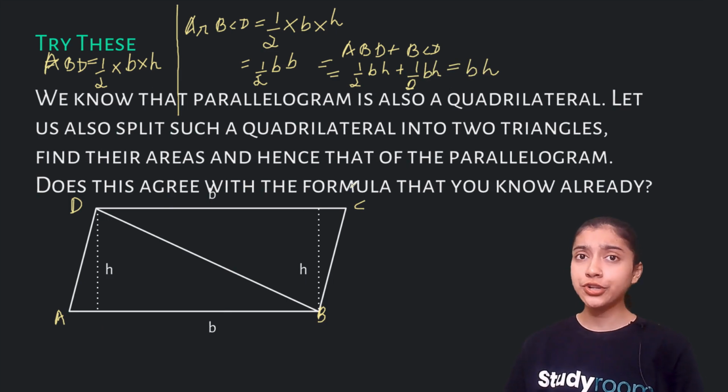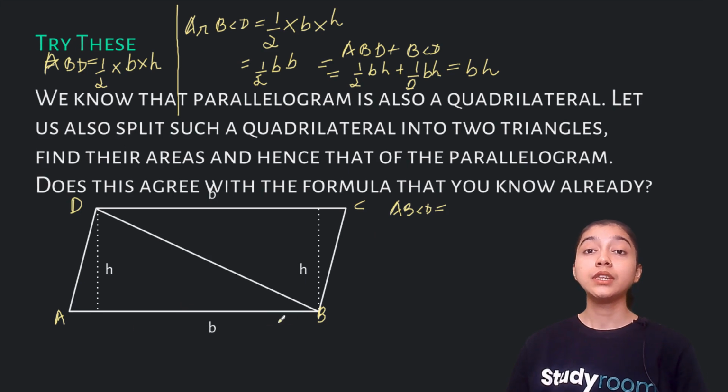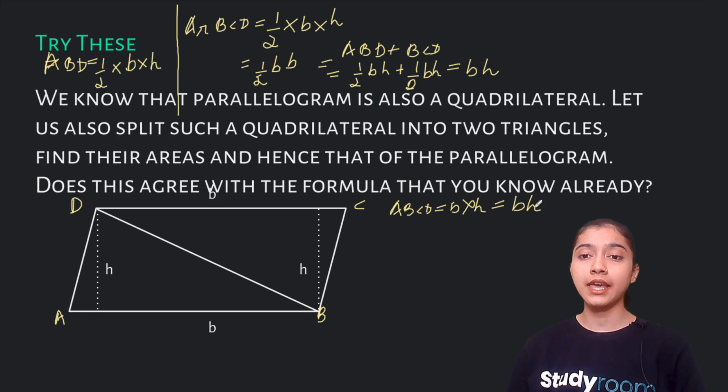Now, I have already taught you the area of the parallelogram. That was base into height. So if we directly calculate the area of this parallelogram ABCD, that will be equal to the base of this parallelogram, which is equal to B, and the height of this parallelogram, which is equal to H. So ultimately we get the area of the parallelogram as BH.